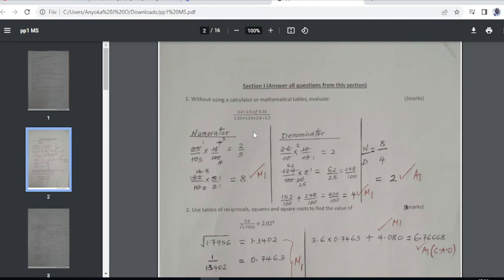operations, it is equally good that you start with BODMAS, that is brackets, of, division, multiplication and others. So in this case we focus on evaluating the numerator first. We start by eliminating the decimals.